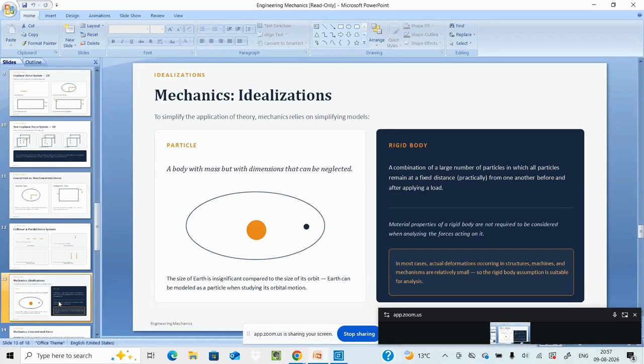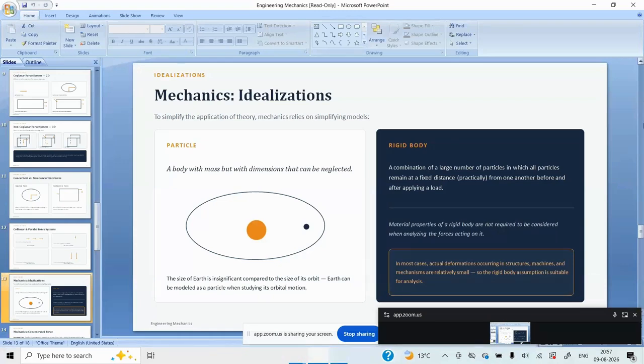Yes, sir. A rigid body, like we can consider a car chassis, that is a whole machine. If the car is not moving, if we consider it a stationary body, we call it a rigid body.